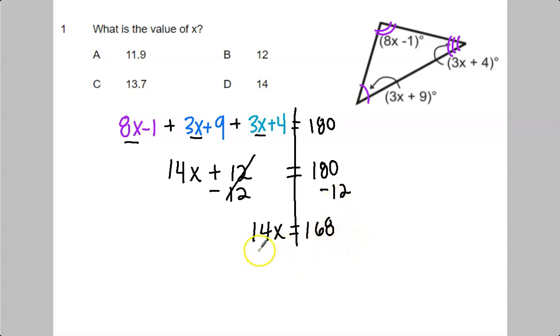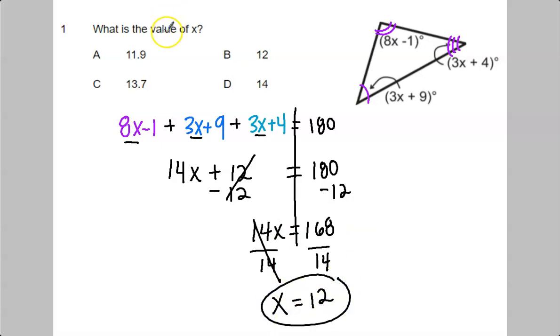And then we know that we need to divide by 14. So then we need to do 168 divided by 14. And that means that x is equal to 12. Make sure we're answering our question, and our answer is B.